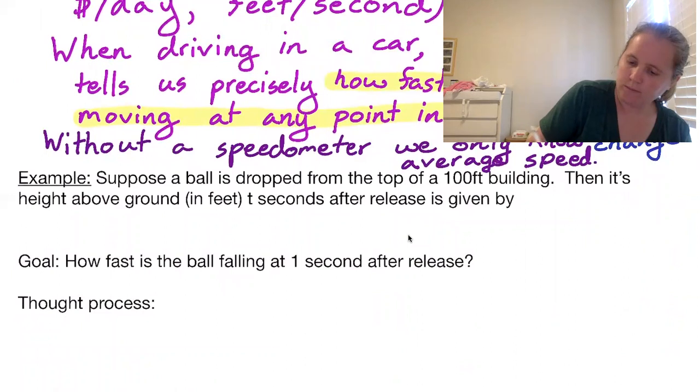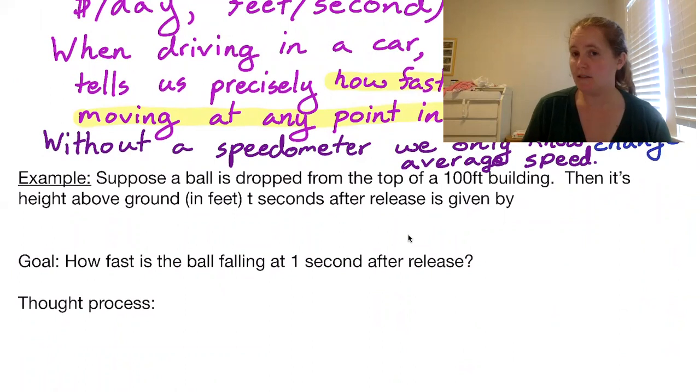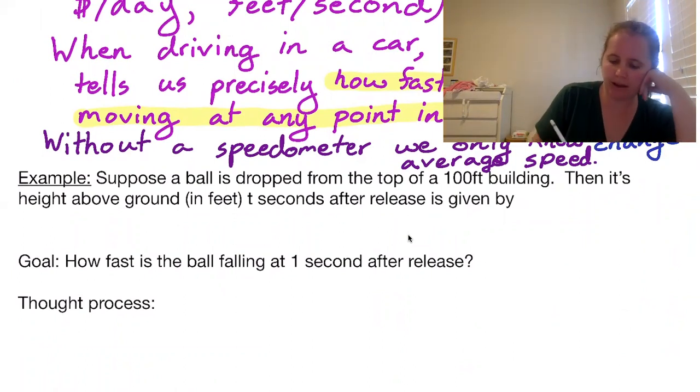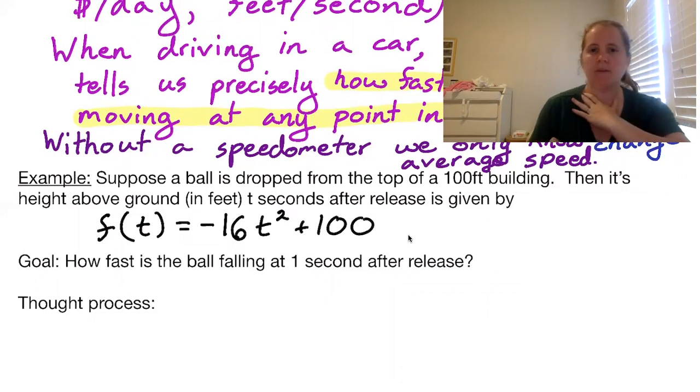For this example, suppose a ball is dropped from the top of a 100-foot building. Then its height above ground in feet at t seconds after release is given by the function f of t is equal to negative 16 t squared plus 100.